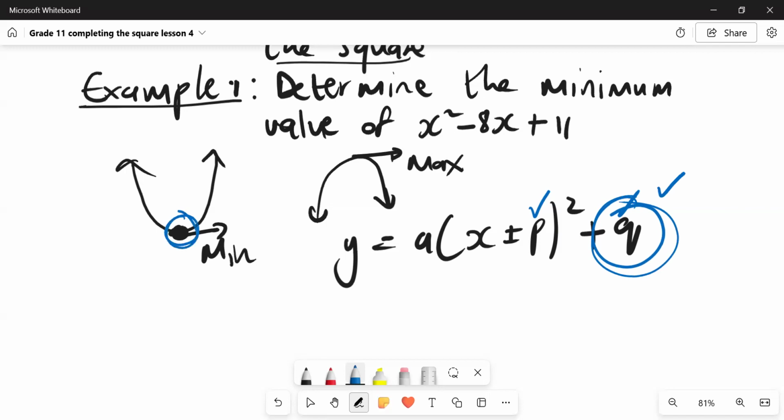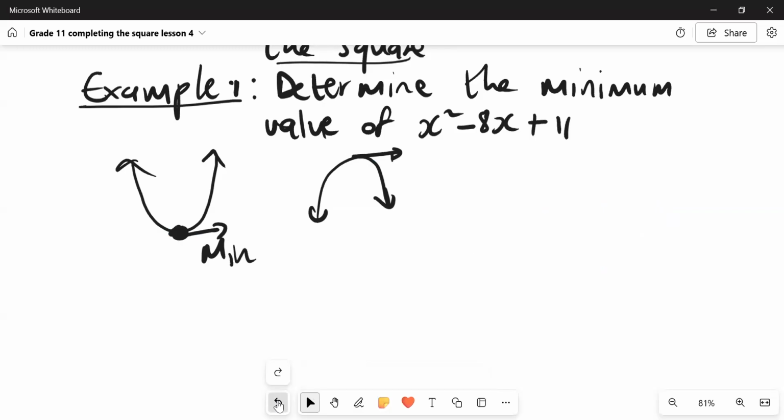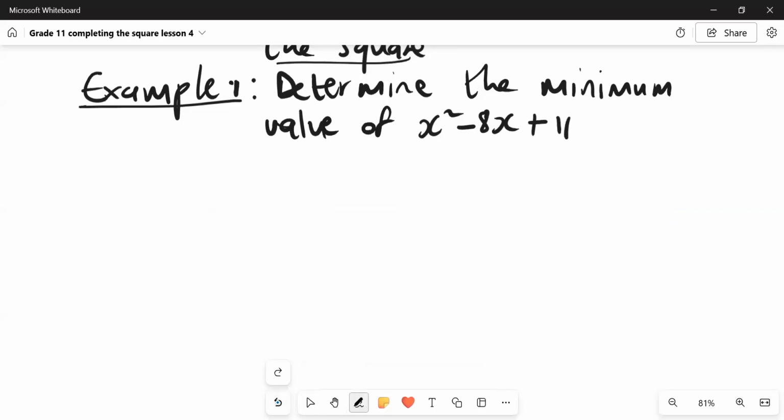Now I want us to use this information to answer the above question: determine the minimum value of this graph. This graph has a minimum value because if the coefficient of x squared is positive, then we expect a smiling face. Then that graph will have a minimum value. So the first step, we have to complete the square.